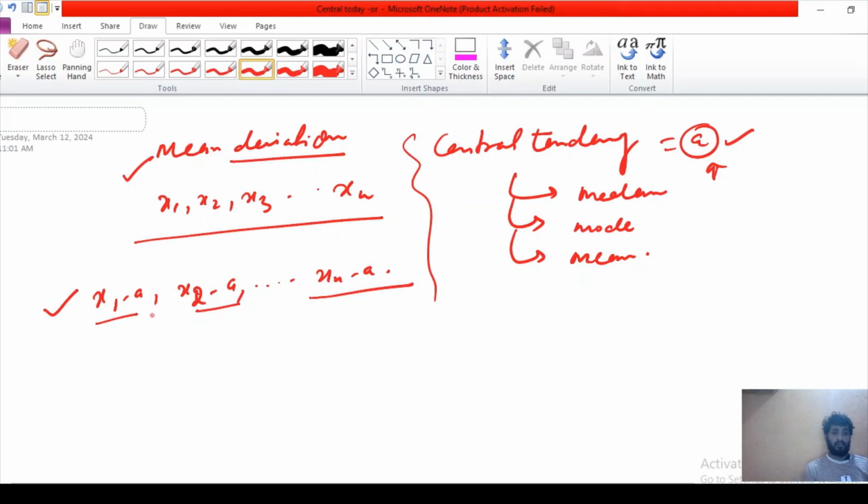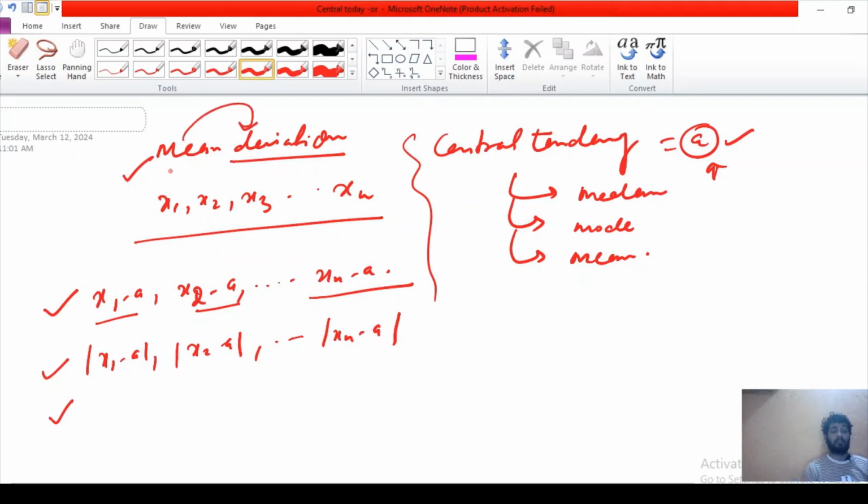So it may be positive, may be negative, so we can take the modulus. Taking the modulus, these are absolute values. Now the question is mean deviation.